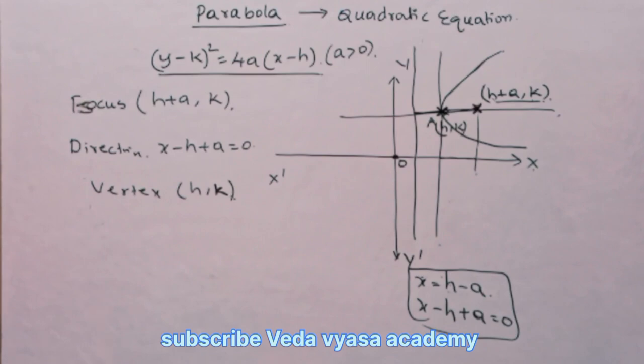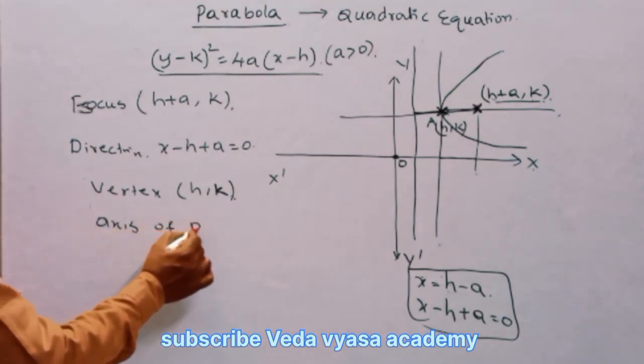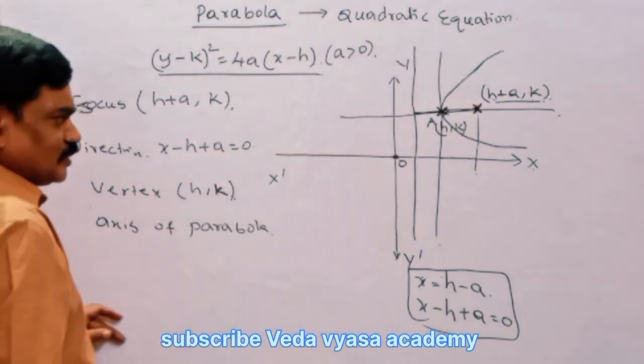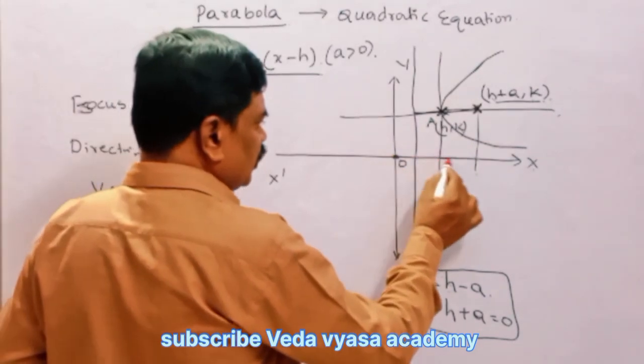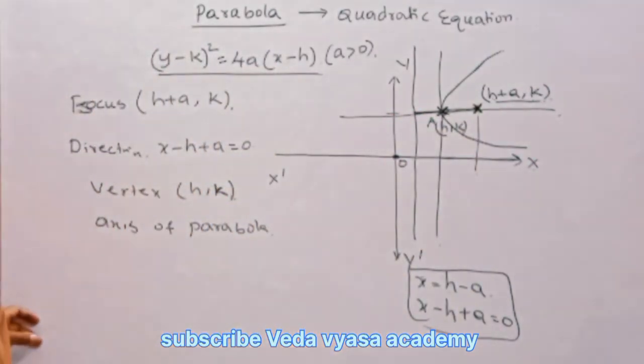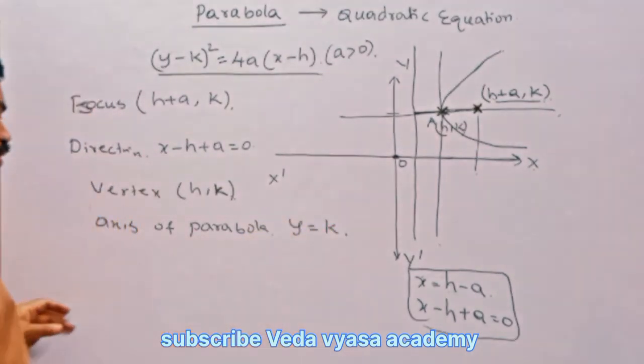What is the axis of the parabola? The axis of the parabola is parallel to the x axis: y is equal to k.